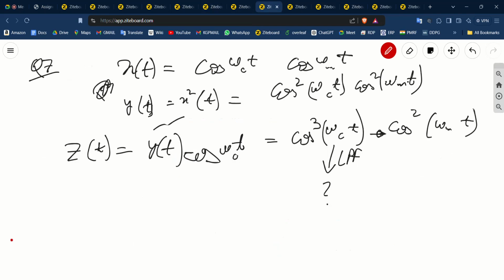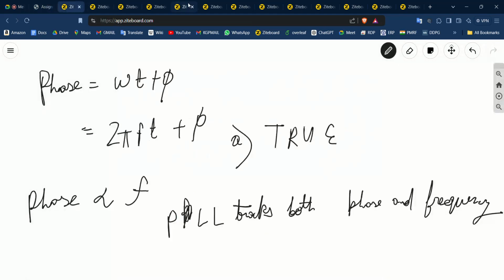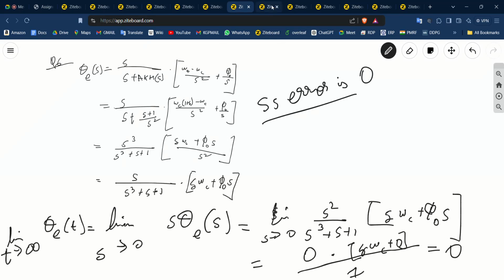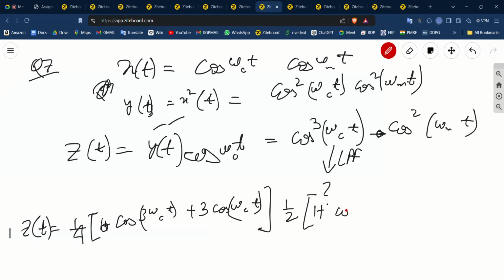So z(t) becomes 1/4 (cos 3 omega c t plus 3 cos omega c t), and this is multiplied by half (1 plus cos 2 omega m t).